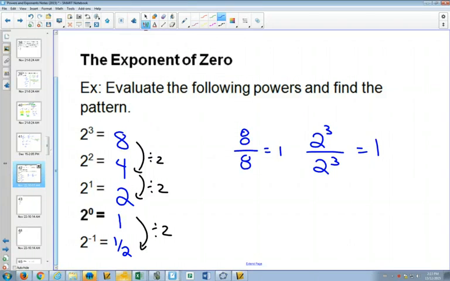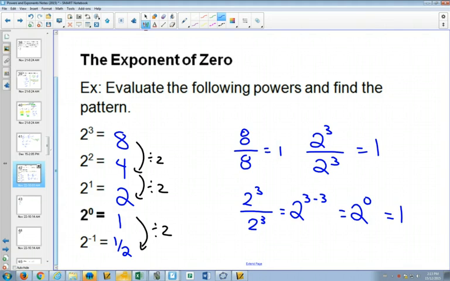Quotient rule says if you have the same bases, then you can just subtract the exponents. So if I have 2 cubed divided by 2 cubed, I have the same bases, so I should be allowed to subtract the exponents. What's going to happen when I do 3 minus 3? I get 0. And what's 8 divided by 8 equal to? 1.